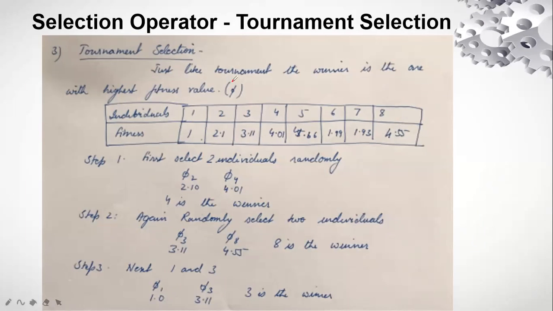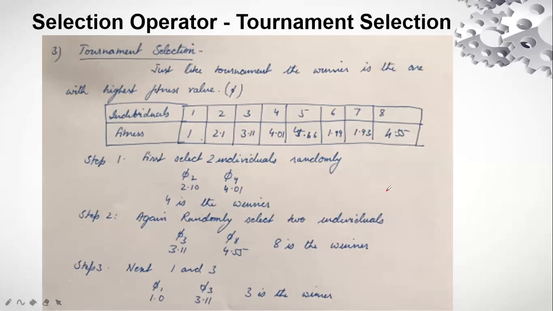Let's say we have 3 matches, so 6 teams are playing. Out of these 6 teams, we'll get 3 teams. One will be the winner of the first match, second will be the winner of the second match, third will be the winner of the third match.